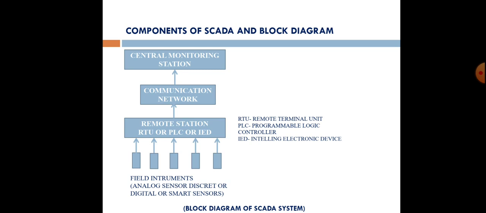Now we see the second component of SCADA. It is communication network. Communication network is used to send the data received from different sites to the central monitoring station or to send data from the central monitoring station to different sites. Cable or telephone or radio is used for this.